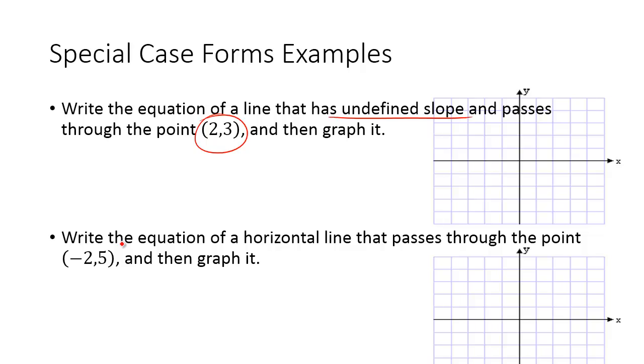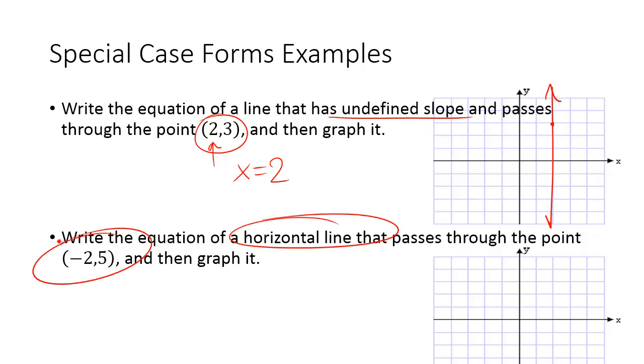The x is placed somewhere along the x-axis, right? It's always the opposite of what you think, right? Because you think up and down is y, but it's actually the x that's held constant. So what would we have? X equals? And what do we know? 2 in this case, because it's got to go through 2, 3. So it's got to be there.